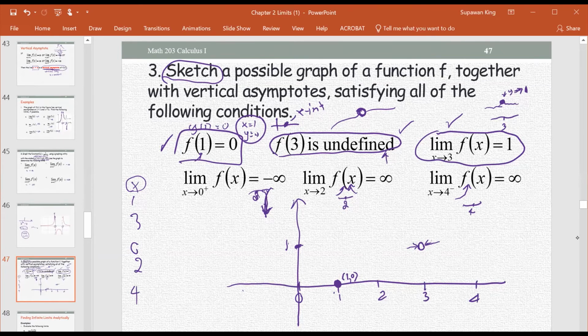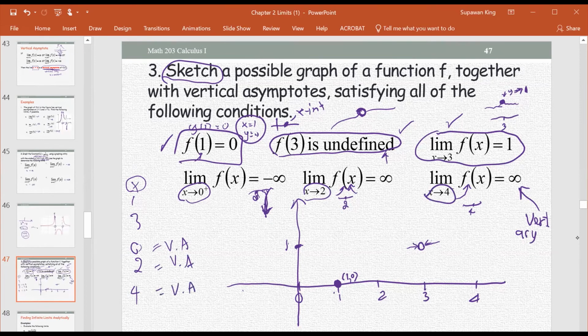The last 3 give you the vertical asymptotes, because the graph either goes all the way up or all the way down. So what are those vertical asymptotes? x equals 0, where I use VA for vertical asymptote. x equals 2, vertical asymptote. x equals 4, vertical asymptote.